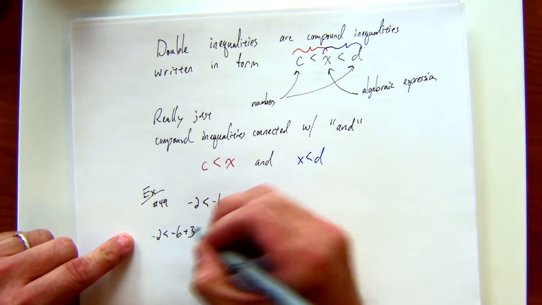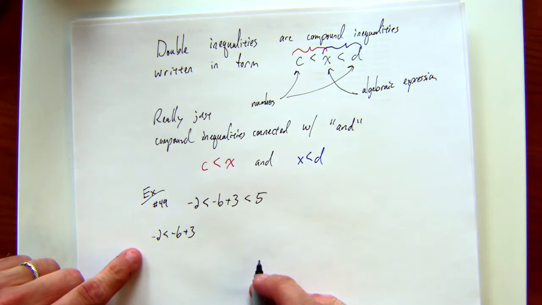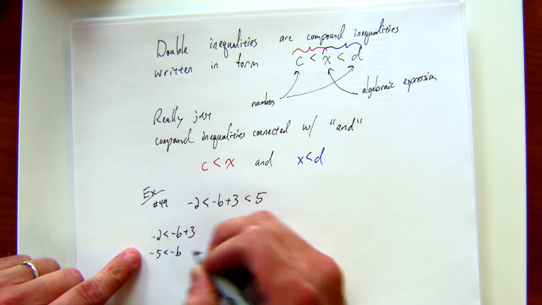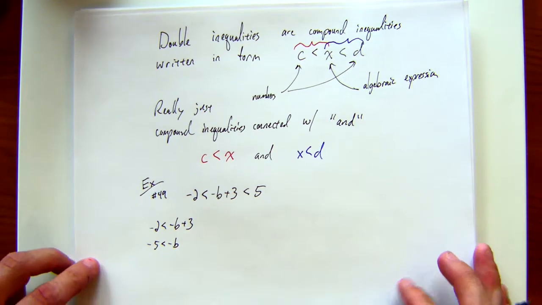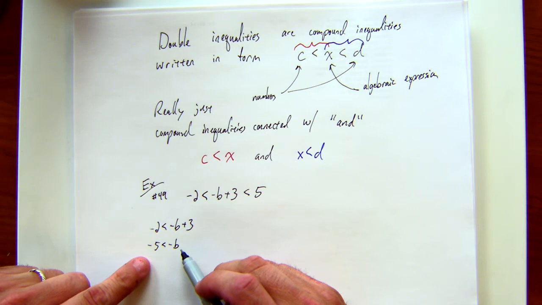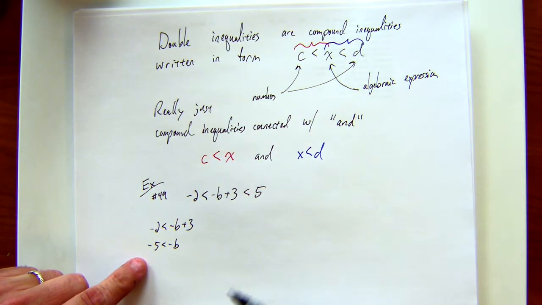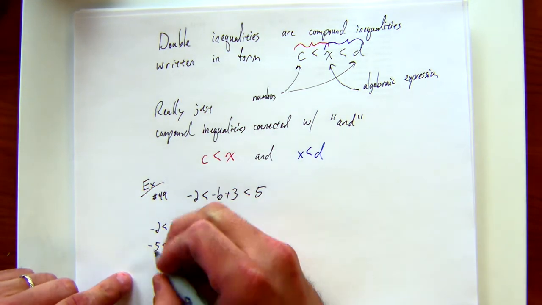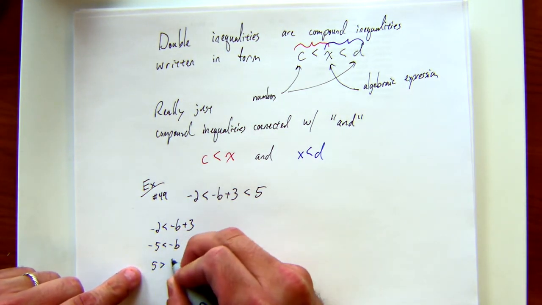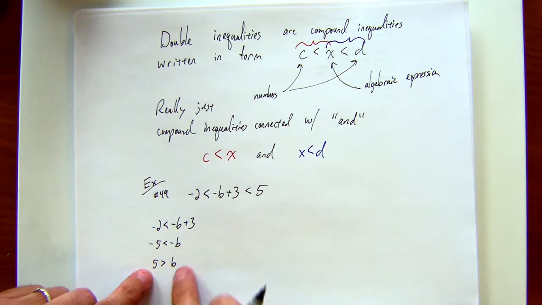Negative 2 is less than negative b plus 3. Now solve this. Subtract the 3. Negative 5 is less than negative b. Multiply by what? When I multiply an inequality by a negative, what's the one rule I need to remember? Switch the sign. So this becomes 5 is bigger than b. Okay, so there's that one.